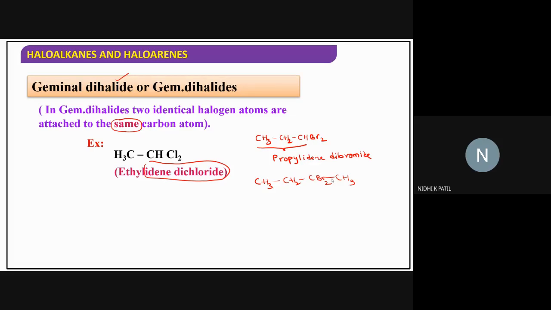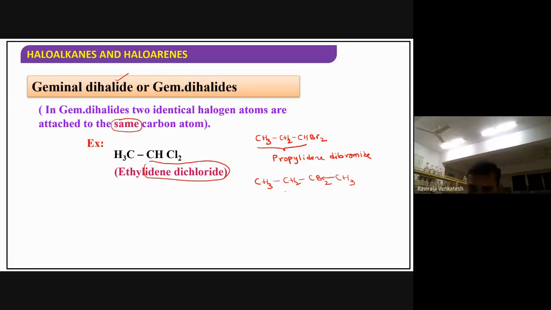Butylidine dibromide. Very good. 4 carbons are there. Butylidine. Again, dibromide. So I am not changing anything. Only I am changing the alkyl group. The change we are going to get is at the alkyl group only. That idine dichloride or idine dibromide or idine diiodide will be common for all the cases.